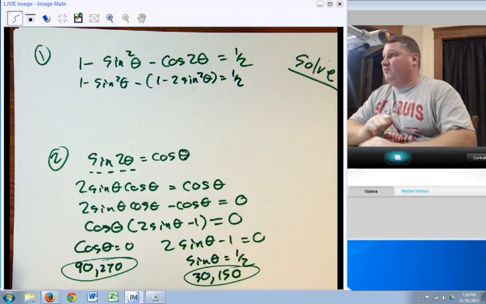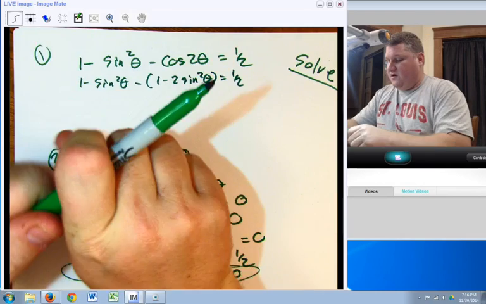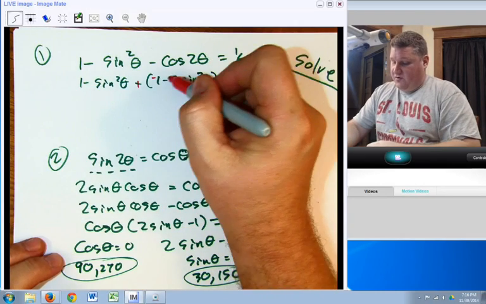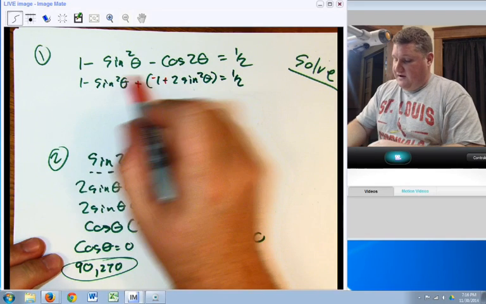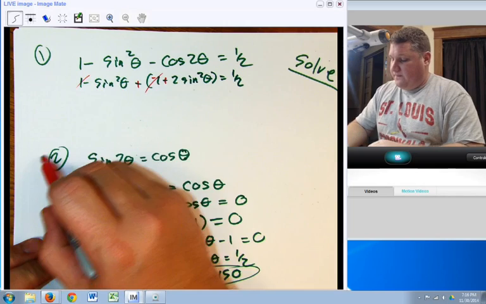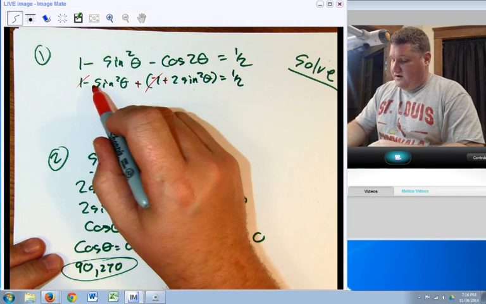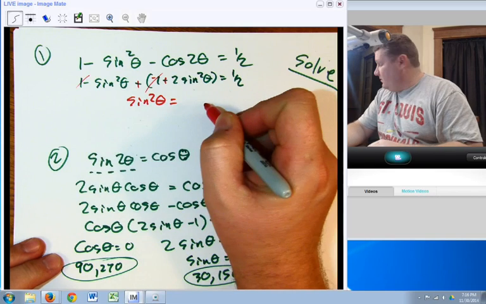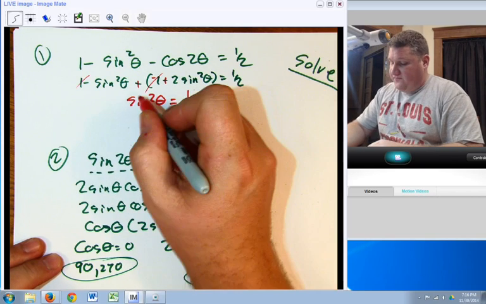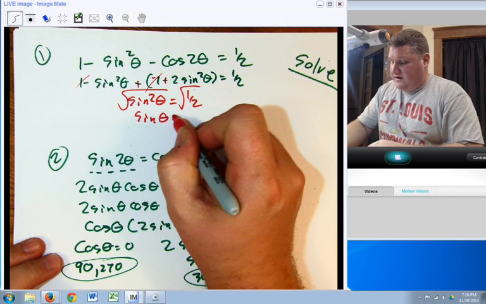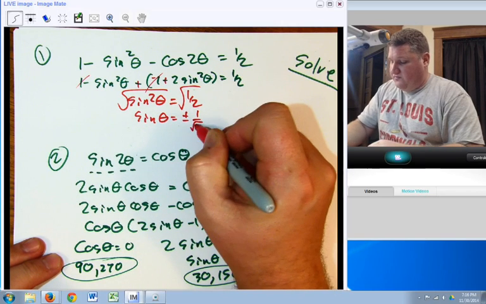Now, at this point, everything's in terms of sine squared theta. All I really need to do is give away the negative. Boom, boom, boom. And at this point, this one and this one are going to cancel. And I have 2 sine squared and a negative 1 sine squared, so I end up with sine squared theta equals 1/2. If I square root both sides, I have sine of theta equals plus or minus 1 over root 2.